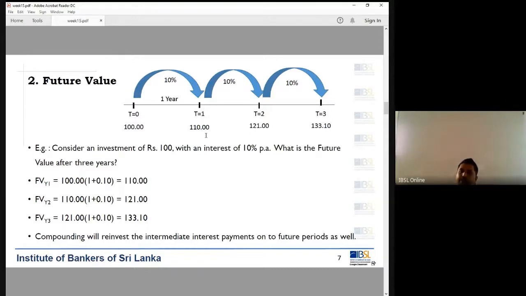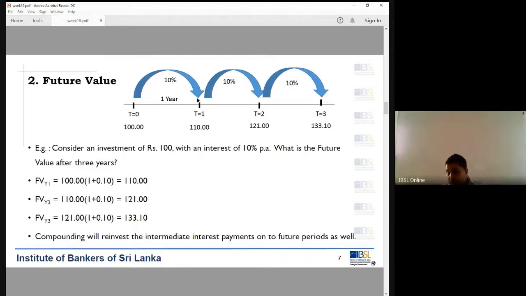Instead we see a gradual increase of 1 rupee compared to the simple interest of 10% that you got here. So what has happened? Instead of starting with 100, now you have received 10 rupees as interest at the end of time period 1.